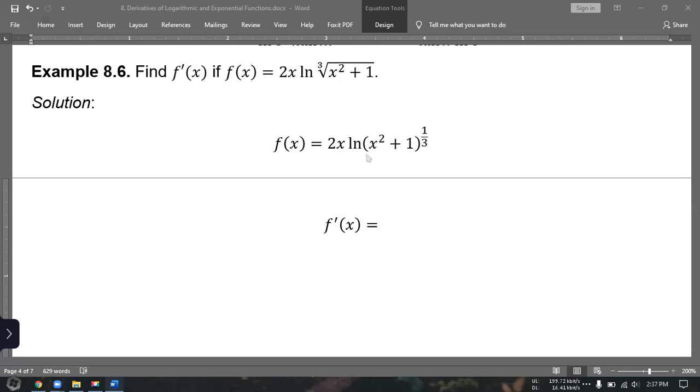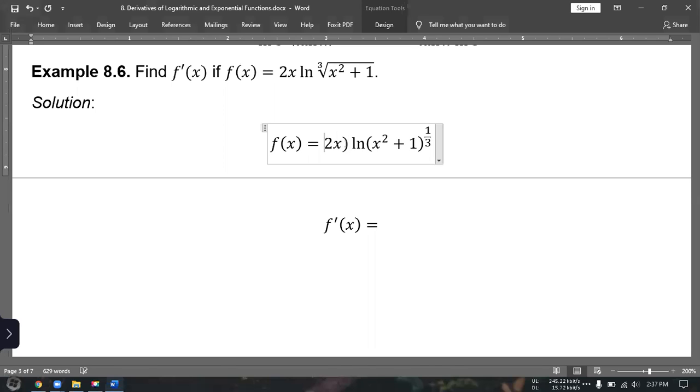Okay, from here, this is actually 2x times the natural logarithm of the quantity x squared plus 1 raised to 1/3. So this is product rule.